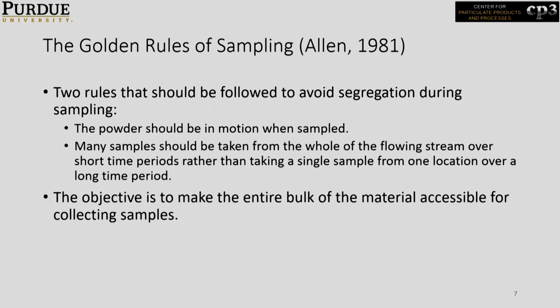Same thing if you want to measure the particle size of wheat flour: you collect different samples at different intervals, and then measure their particle characteristics, baking characteristics, etc. So for any granular or particulate material, if it's a solid, you should keep in mind these two rules. So why do we have to sample them when they are in motion? Why is it better to take subsamples when it's flowing?